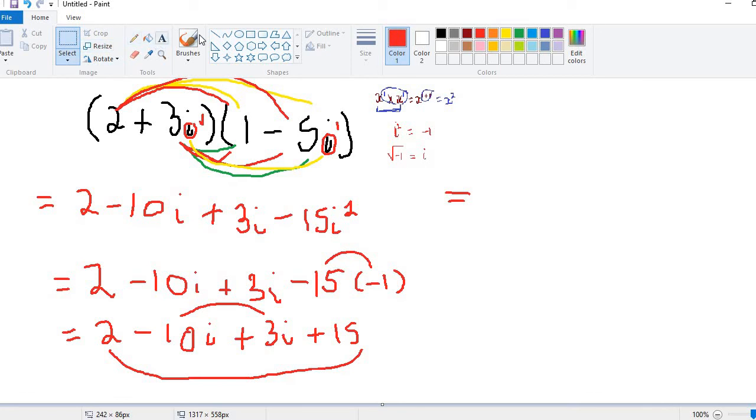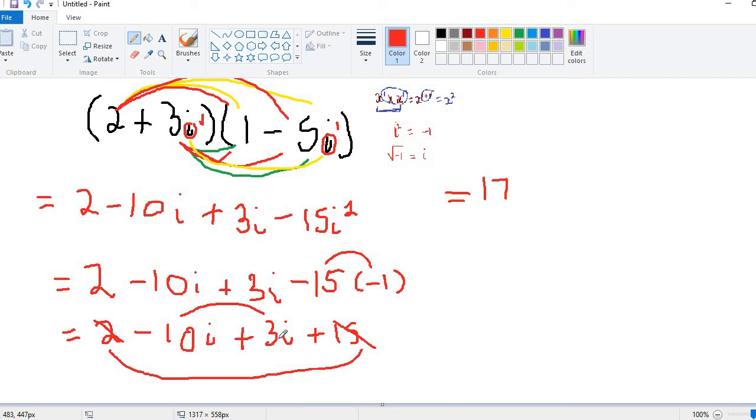So we're going to get 2 plus 15, that's 17, right? And then we added 2 plus 15, so you're just going to cross this out, and then minus 10 plus 3.